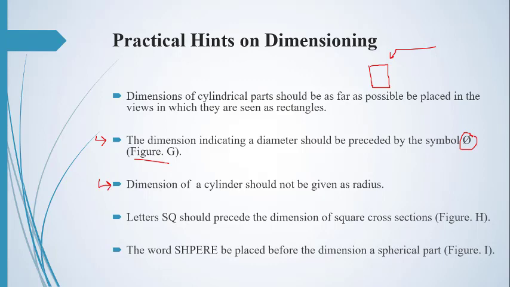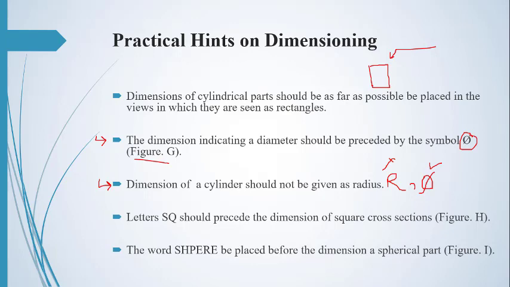I will explain all these hints in the figure. The sixth hint is that the dimension of a cylinder should not be given as a radius. For any circle or any cylinder, we will take the diameter, not a radius.